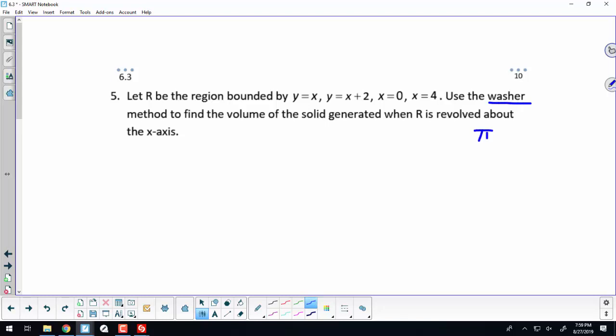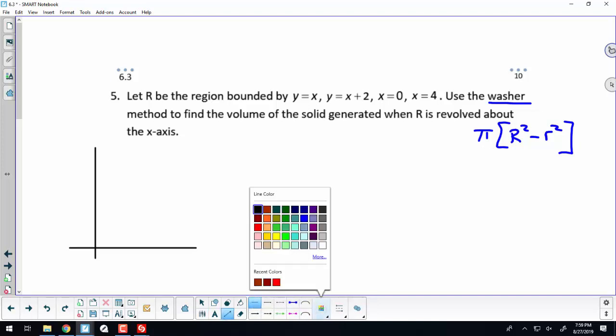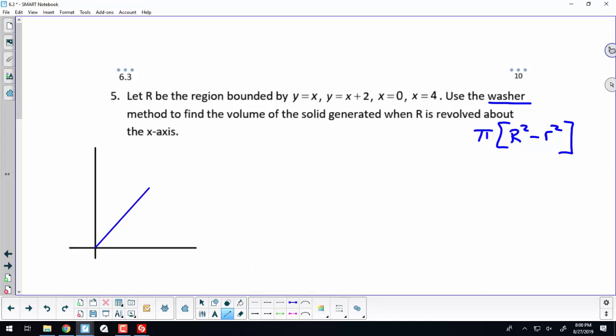So immediately I want to think of this here. To find the volume of the solid generated when it's revolved about the x-axis. So let's draw this region. So y equals x, y equals x plus 2.